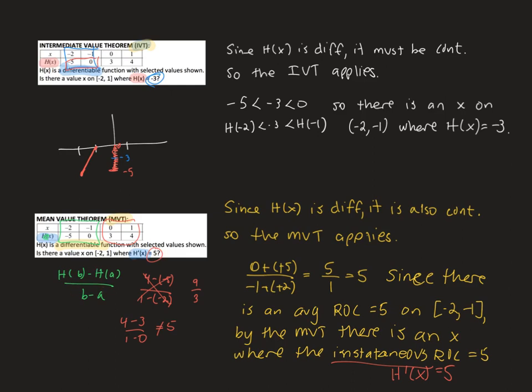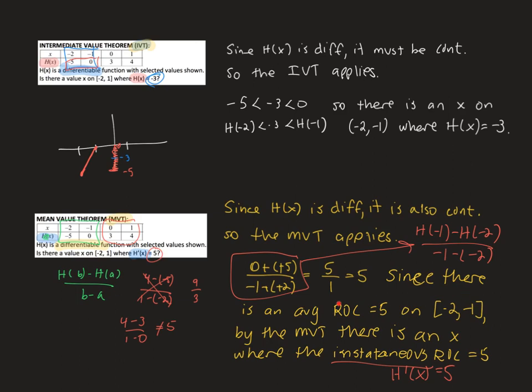So in place of this right here, I could have said h of negative 1 minus h of negative 2 over negative 1 minus negative 2. But somewhere you have to say it either in this format or this format.